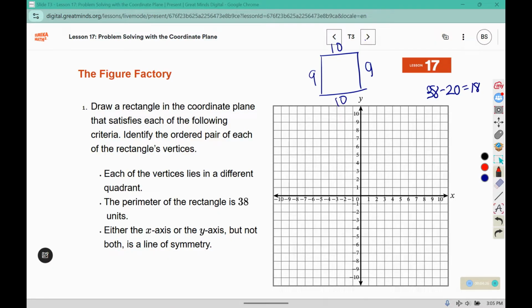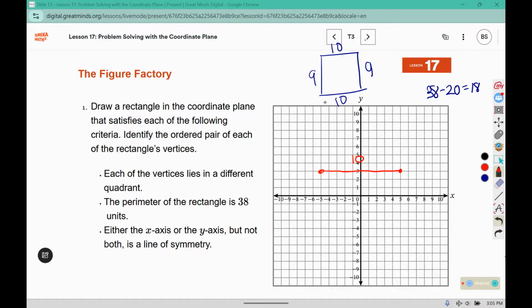So let's try that one. We're going to go over 5 and up 3. And then we're going to go back 5 and up 3, because that will give us that distance of 10.